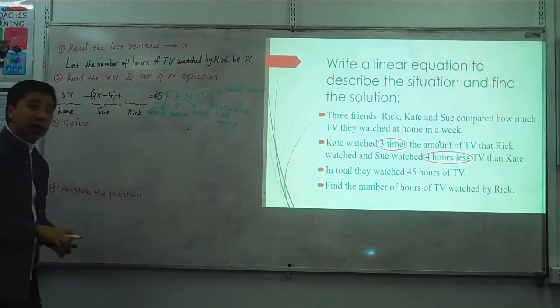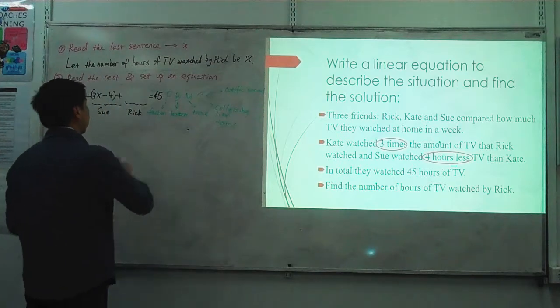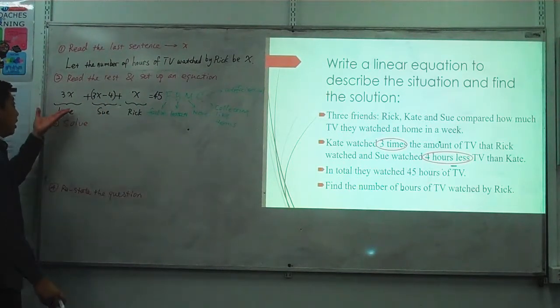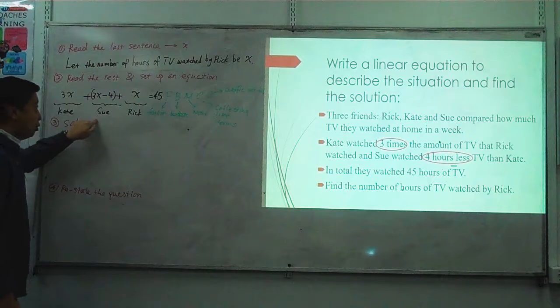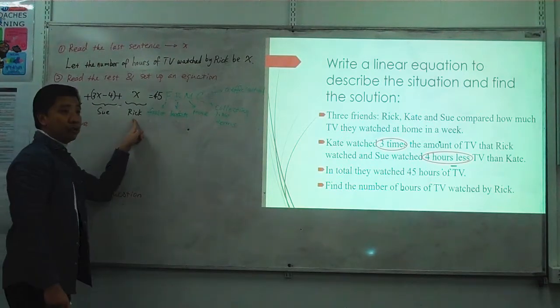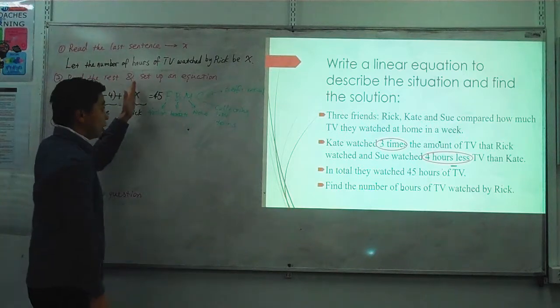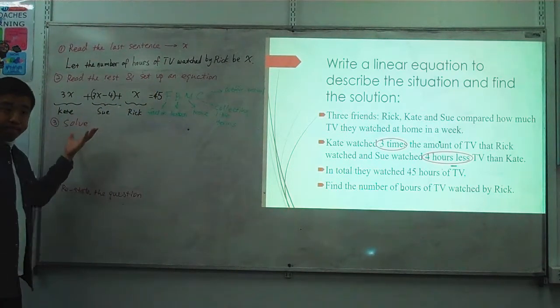But for Rick's expression, that is very easy because Rick only watched x hours. Okay, now we double check. On the left hand side, we have the hour that Kate watched, the hour Sue watched, and the hour Rick watched. And then this is hour plus hour is total hour. So that makes sense. Alright?